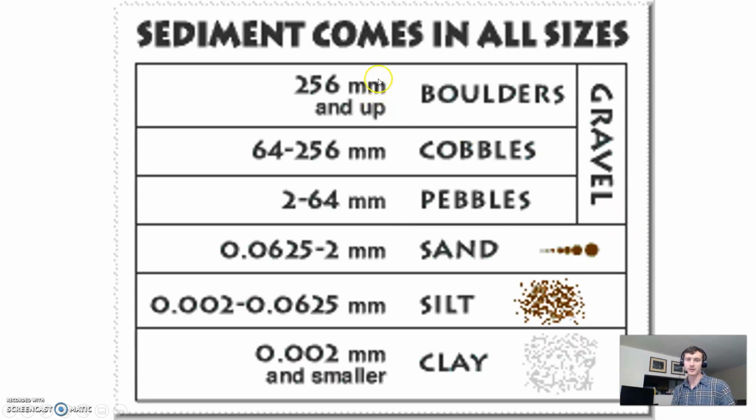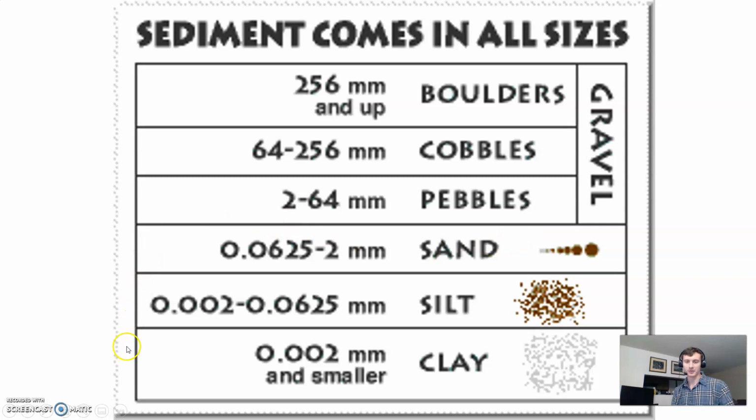This chart gives you everything we just talked about in more precise terms. So 2 millimeters is the cutoff to be considered bigger than sand, to be considered gravel, everything up to boulders. And we have sand in the middle, ranging from things which you could pretty easily see with the naked eye or a little bit of magnification, down to stuff that you could just barely see with the naked eye or magnification.